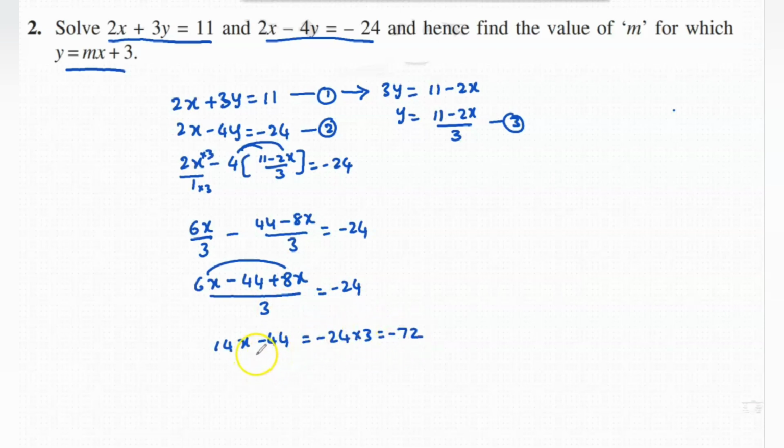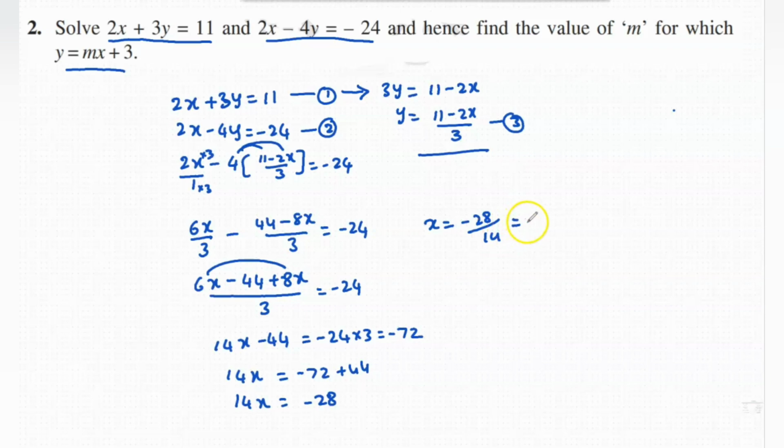Okay, now 14x equal to, I will send minus 44 to that side, minus 72 plus 44, which gives you 14x is equal to minus 72 plus 44 is minus 28, and x is equal to minus 28 by 14, which is equal to minus 2.